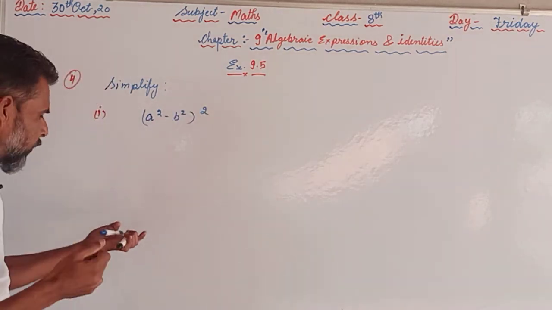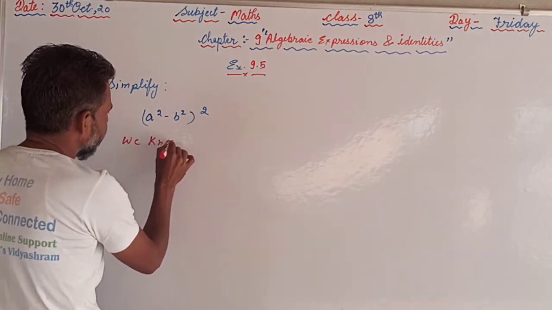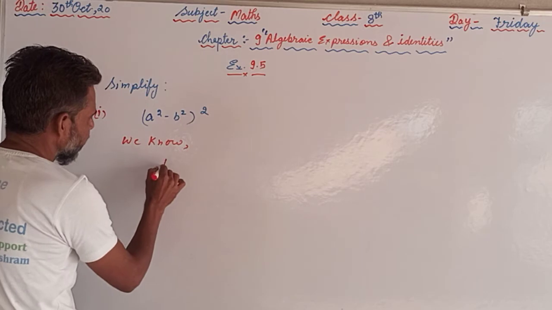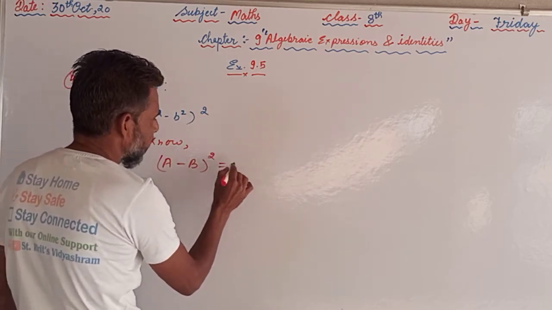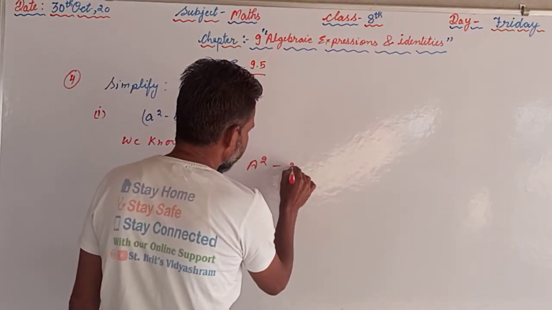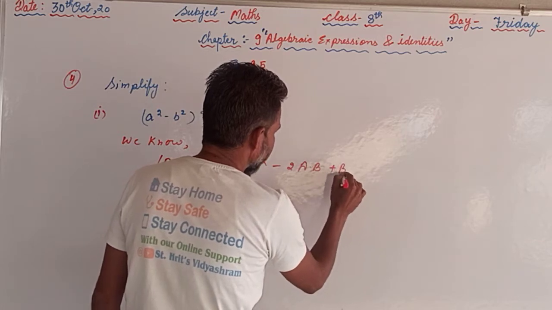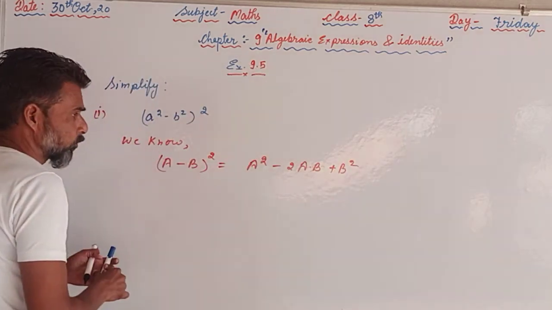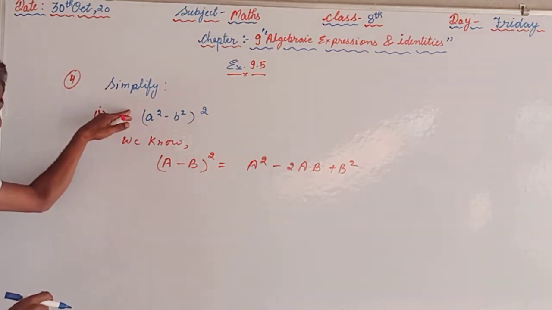So we know the identity: (a minus b) whole square is a square minus 2ab plus b square. We are supposed to use that identity because it resembles the question given.